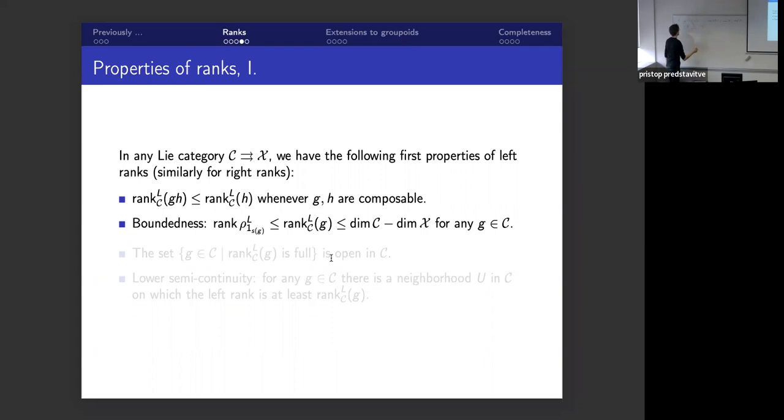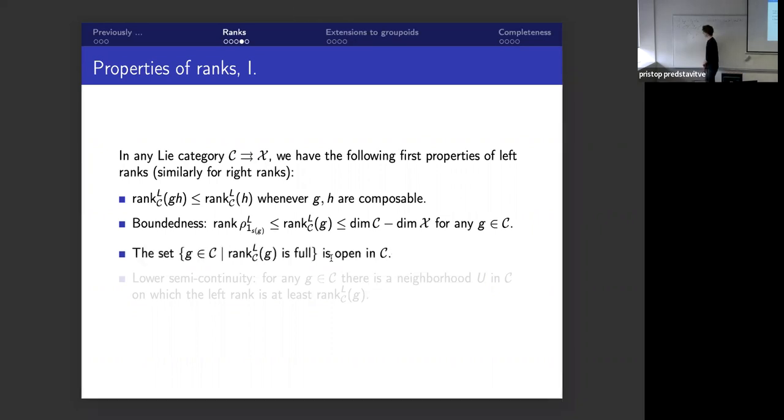So this is left multiplication by G. Now we have source maps going into the object manifold, and differentiating this commutative triangle at the appropriate unit gives us the lower bound. So the rank of the anchor of the left algebroid at S of G should be less or equal to the left rank of the morphism G.